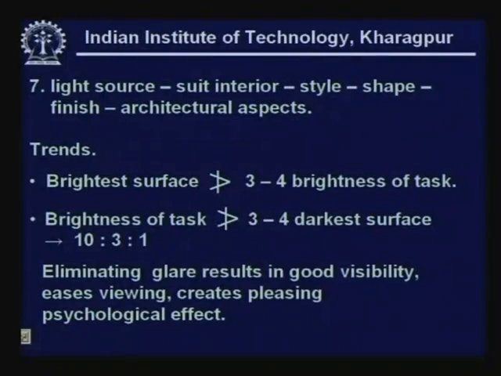So, when you have a mix of general lighting vis-a-vis the task lighting or the local light source, the point where the source is located could be viewed as the brightest surface, and the farthest point from the general light source could possibly be the darkest. So, they should have a ratio of 10:3:1.